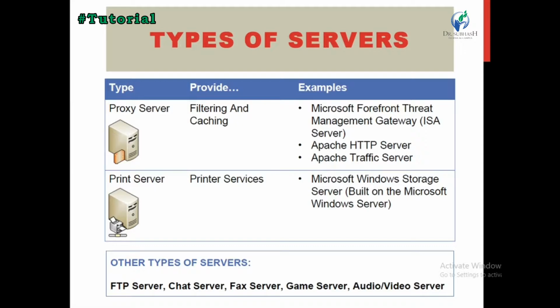The server will understand that the request is not coming from you. This is the task of a proxy server. And for printing purposes, we have print servers. So these are the different types of servers.